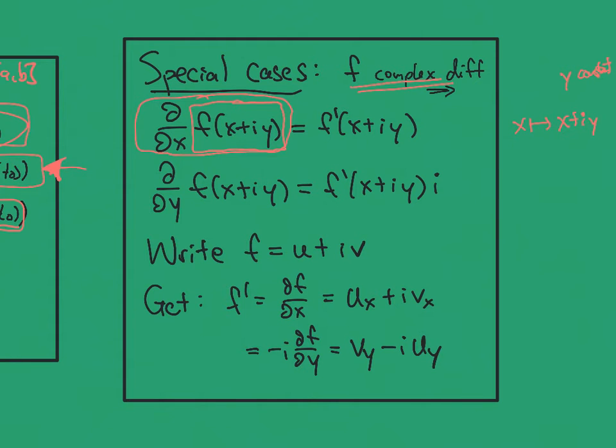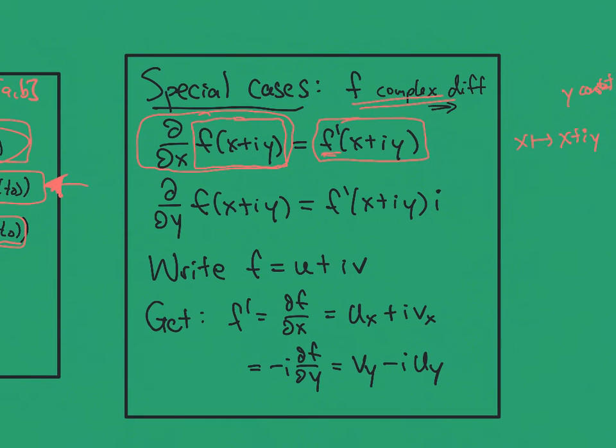I'll get the derivative of f, the complex derivative, times the derivative of the inside with respect to x in each component, and so this will just give me a 1.